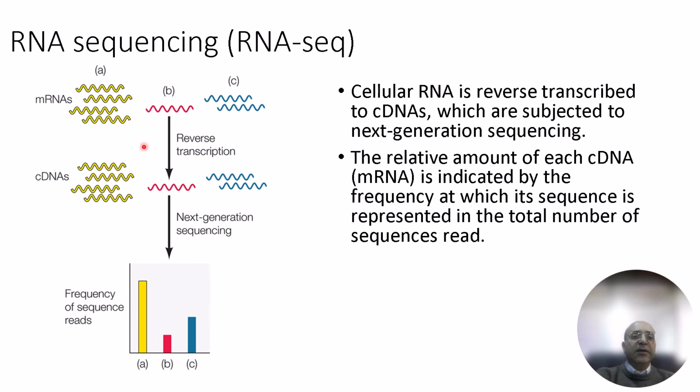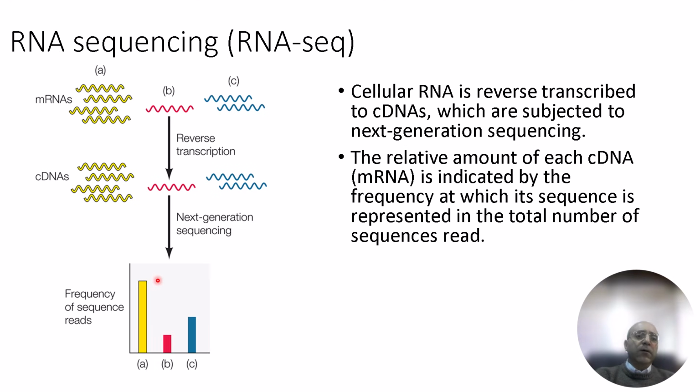And then these cDNA molecules are sequenced, doing the next generation sequencing, the high throughput sequencing method that I talked about, where we can sequence so many DNA molecules all at the same time. So you can go back to the DNA sequencing lecture.